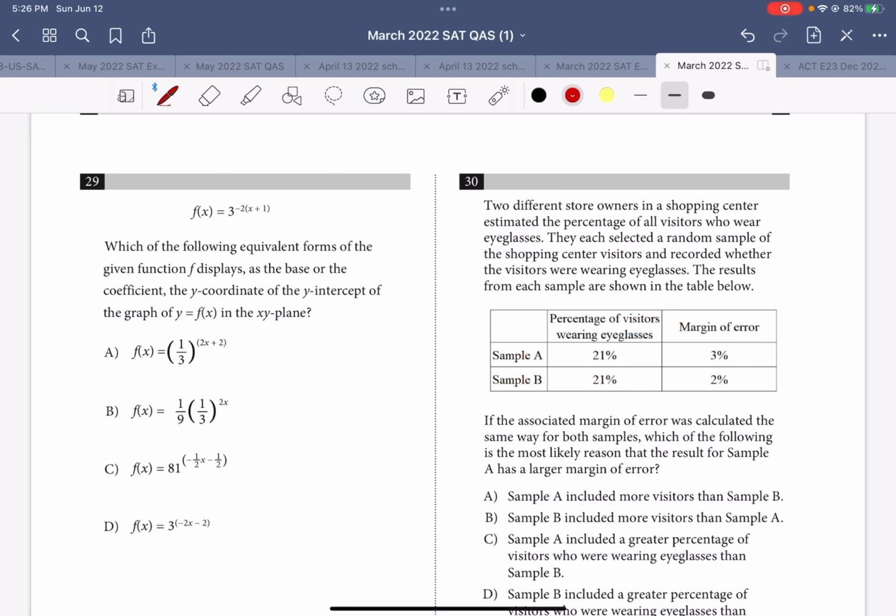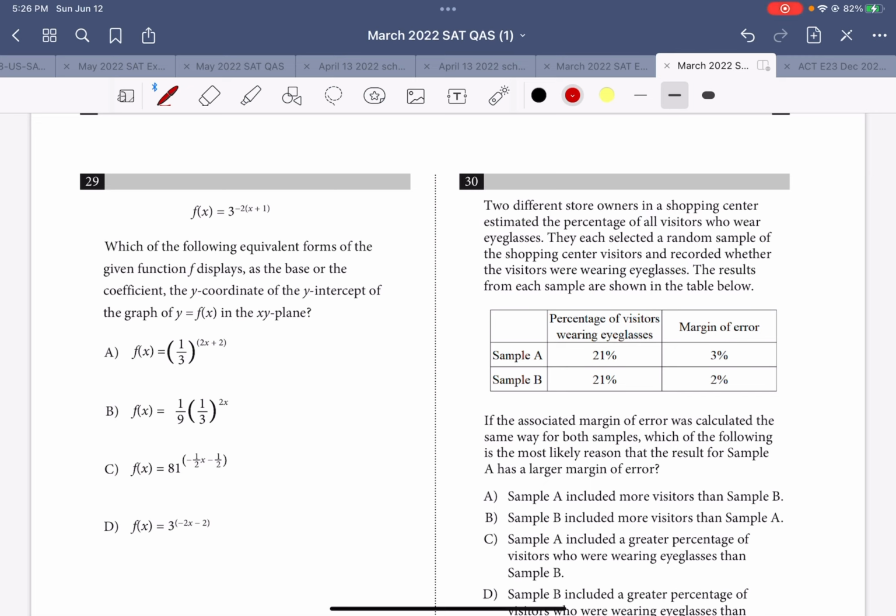And then you can change this one into 3 to the negative 1 to the 2x power times 3 to the negative 2. 3 to the negative 2 is 1 over 3 to the 2, right? So 3 to the negative 1 is 1/3 to the 2x power times this one, 1 over 9. So that is the same expression as this one.